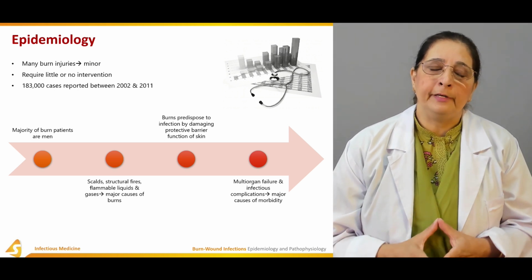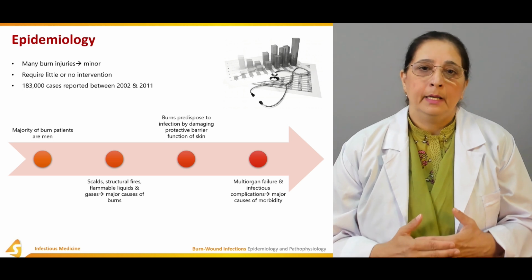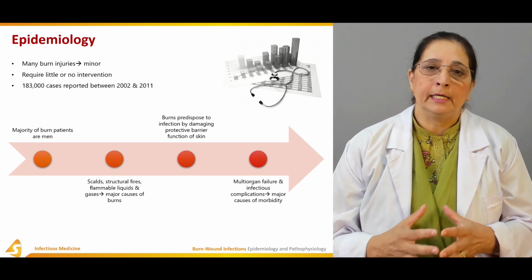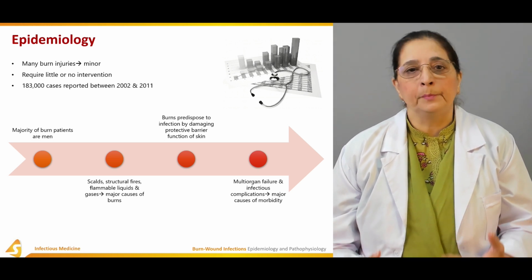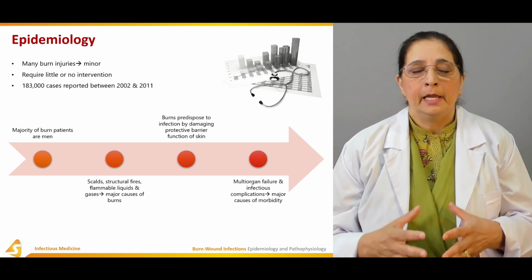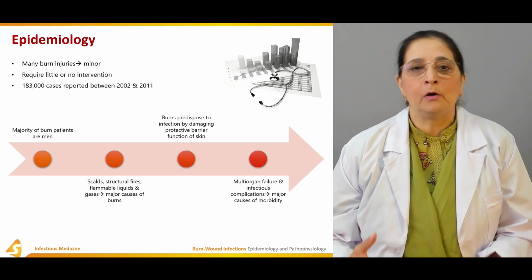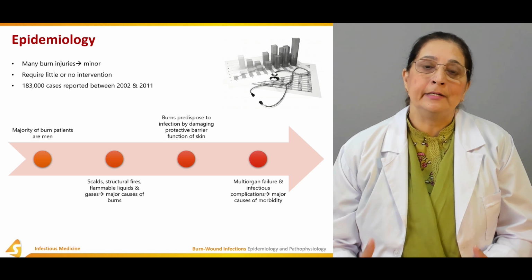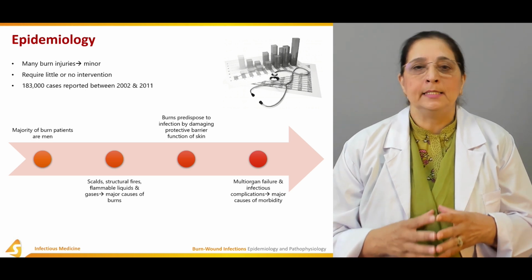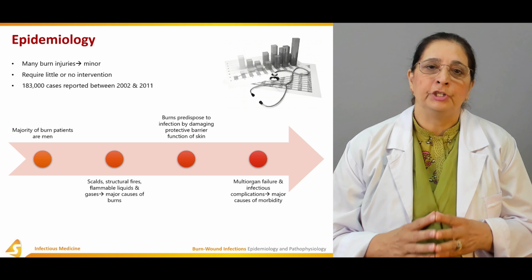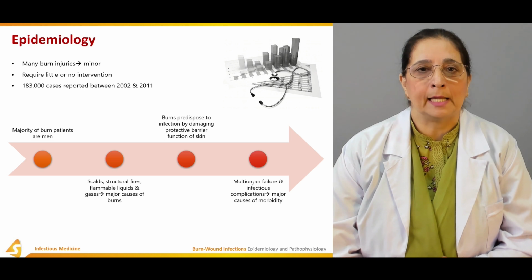As a result of infection due to loss of skin, which is the first protective barrier between the outside and the body, it can predispose the body to different infections, and then different complications occur that increase morbidity, and also increase the mortality rate as a result of burn, depending on how bad the burn is, and if infection is bad and it can lead to septicemia, then usually it increases the mortality rate.